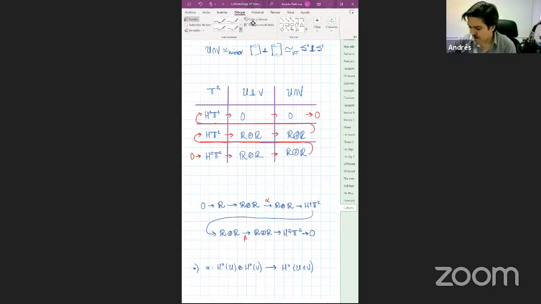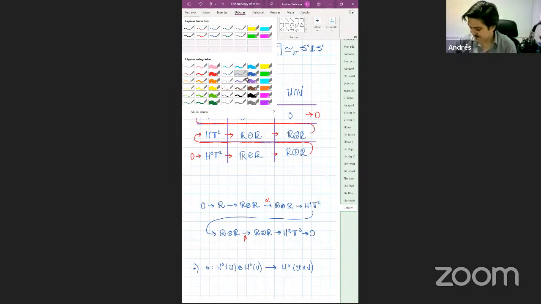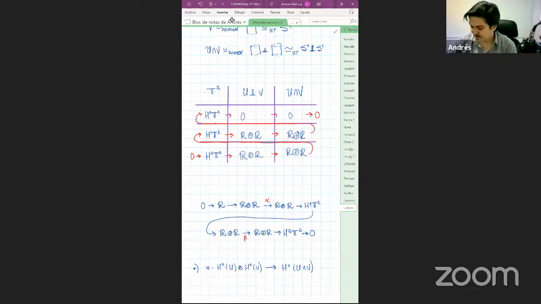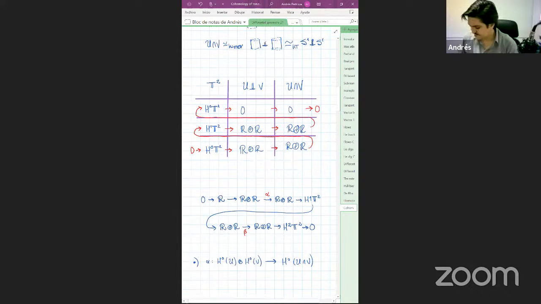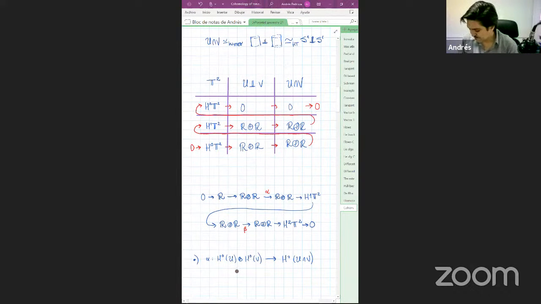I'm not going to draw U, but basically some important aspects about U, V, and the intersection. Something like this is U, and then this part here and this part here correspond to the intersection.